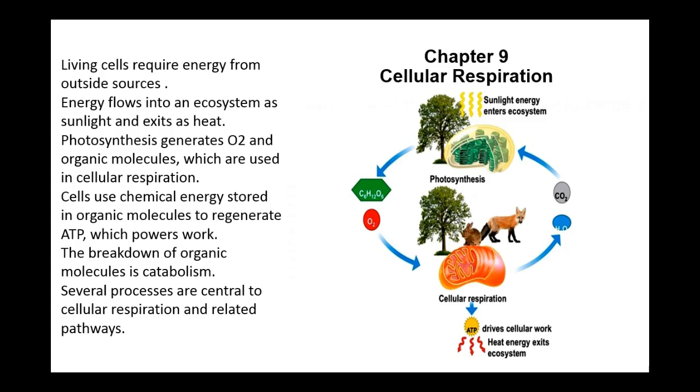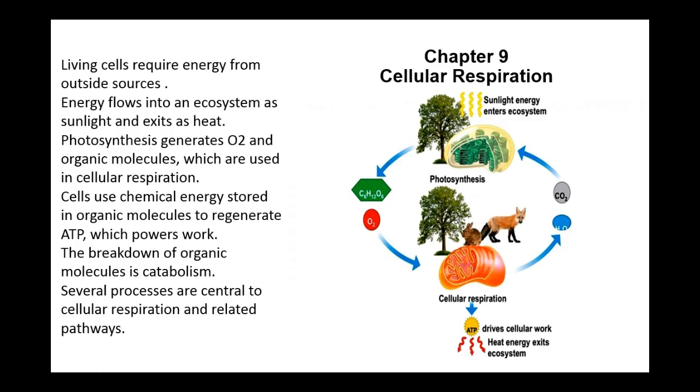When we talk about cellular respiration, we use sugar or glucose as our template, but it isn't the only thing that can go into your energy producing cycles. The chemical energy stored in organic molecules is used by our cells to create ATP. ATP is what powers work.